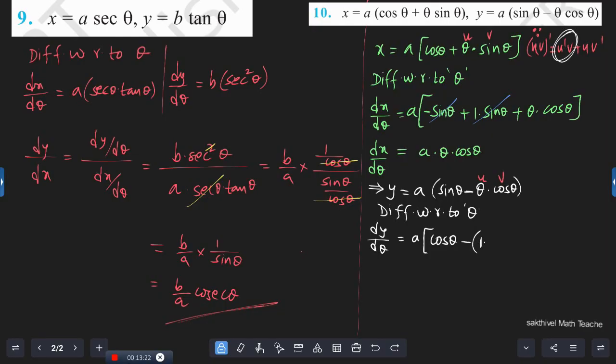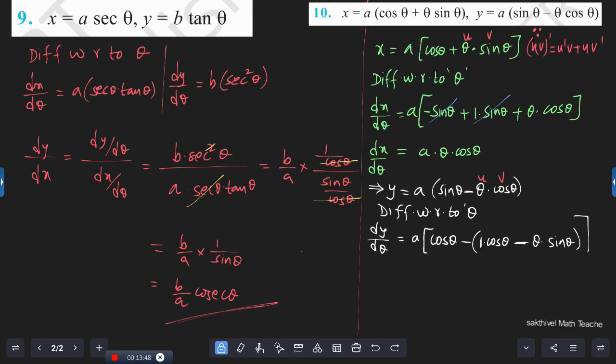U dash, theta we have to differentiate. Derivative of theta is 1, then v we should write as it is, means cos, don't differentiate. Next u value is theta, theta let it be. Derivative of cos is minus sin. So this minus I will give here itself. Minus here, theta into sin.